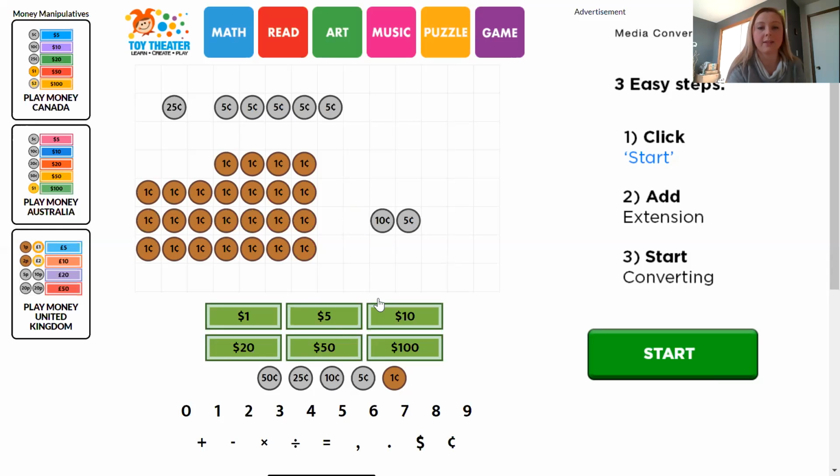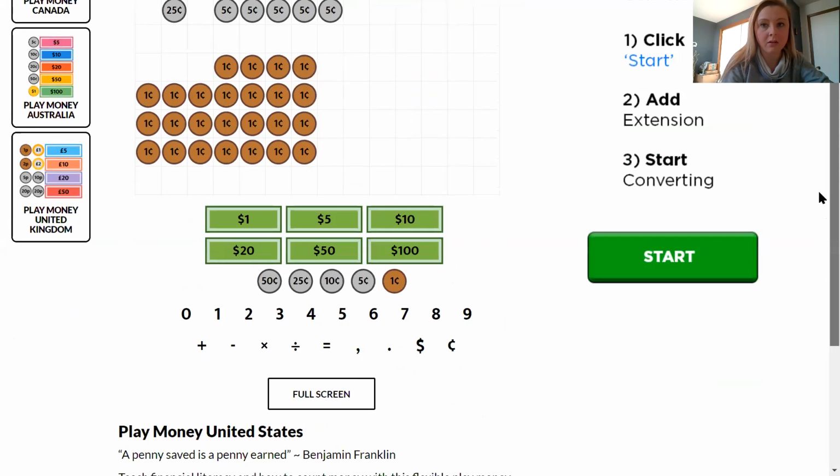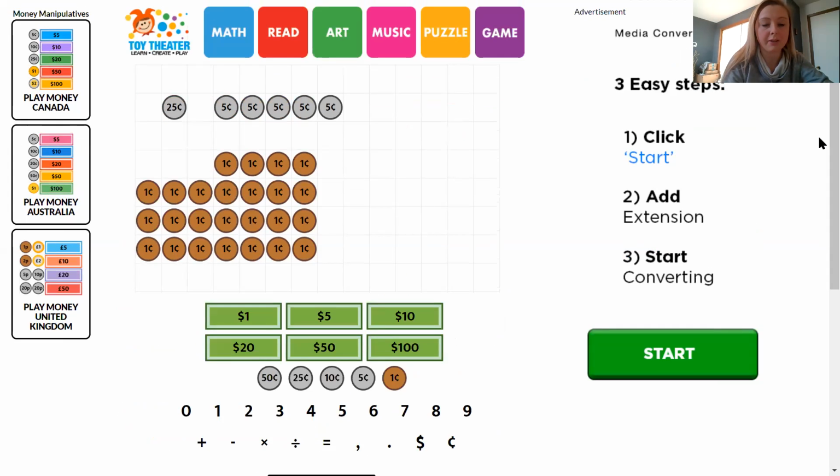Let's get rid of these quickly. We can do something else here. I wish there was a way to clear these. Maybe there is. No. So we're going to get rid of them super fast. While you're watching me do this, maybe you can count by 5s: 5, 10, 15, 20, 25, 30, 35, 40, 45, 50.